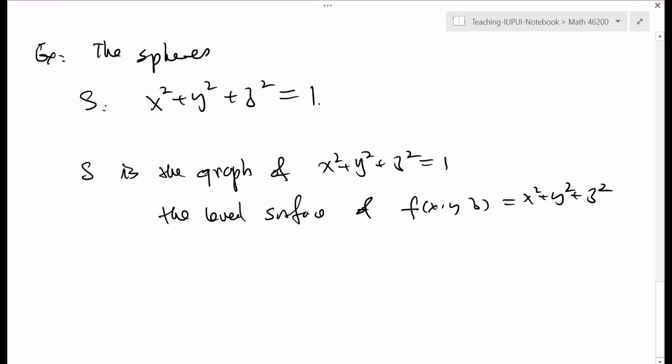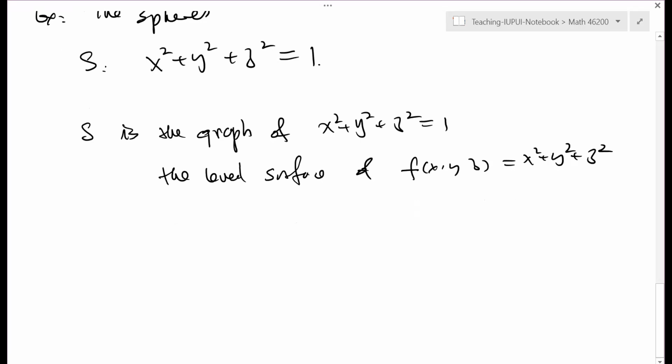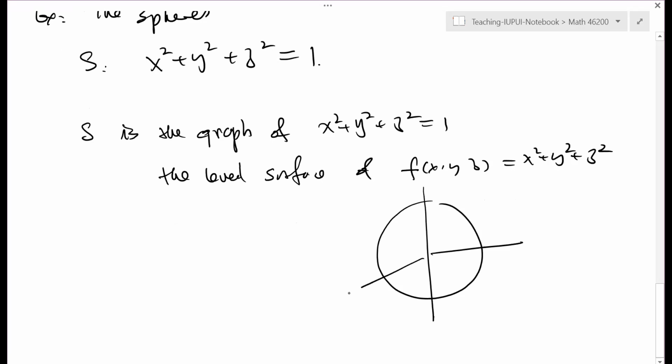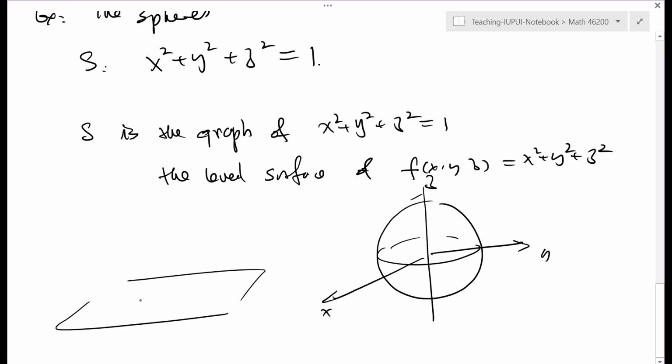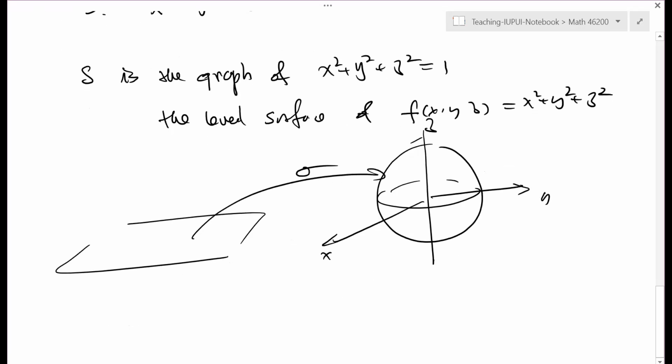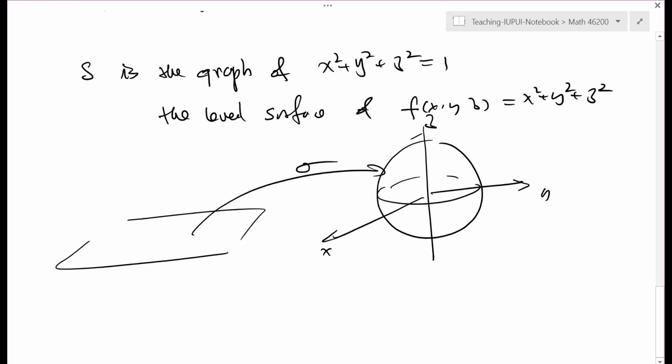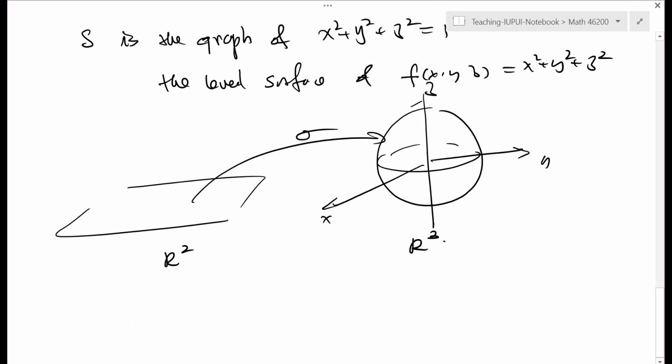I'm trying to cover this sphere in three-dimensional space X, Y, Z. I have a piece of paper, some domain, and I'm trying to find the map sigma from R2 to R3 such that the image is a sphere.